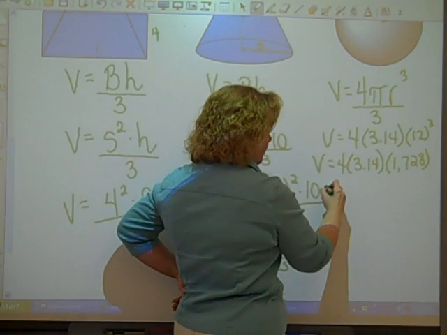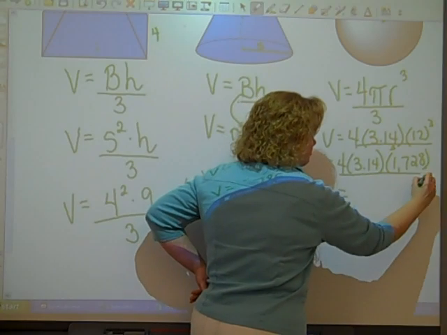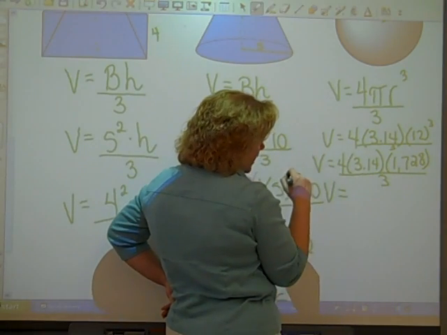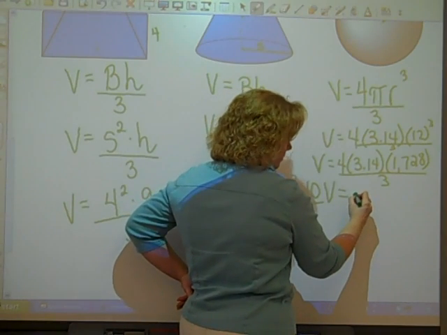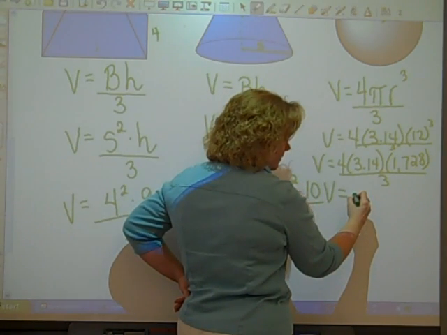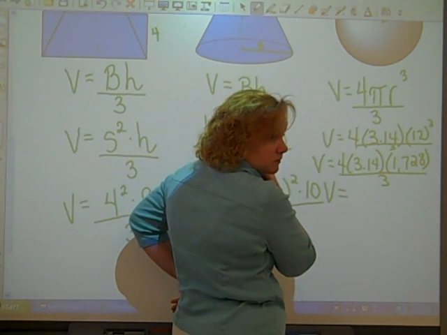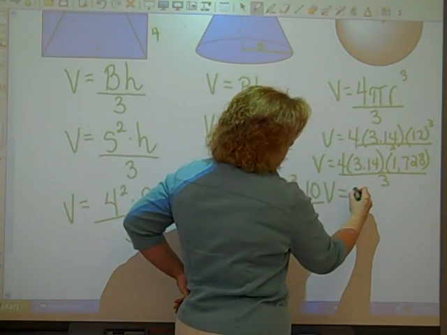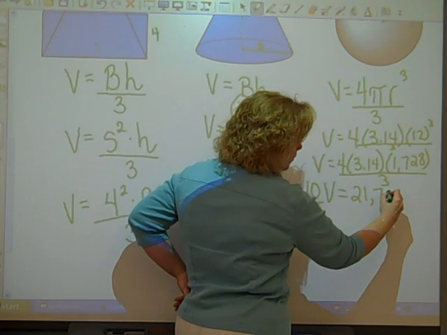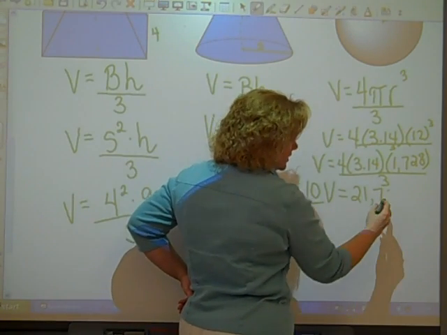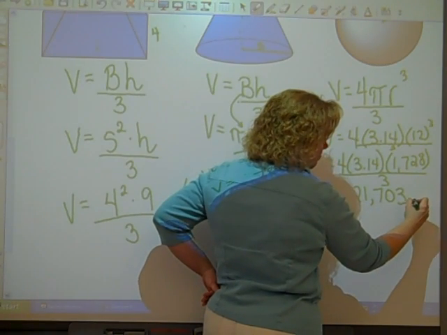Okay, and then if you multiply those all together, oops, I forgot my divide by 3. What do I get when I take 4 times 3.14 times 1,728? 21,703.68.